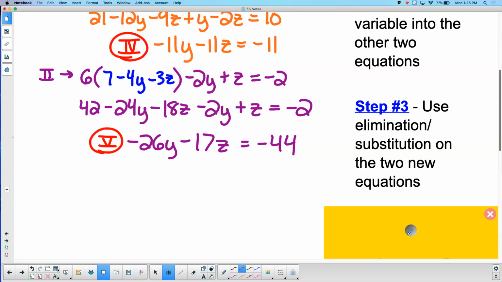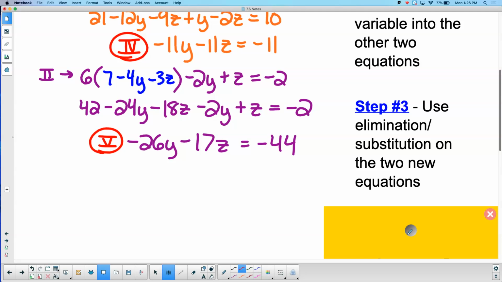My go-to is elimination, right? But if I'm looking at eliminating the y's, 11 and 26 don't have any common factors. Look at z's, 11 and 17 don't have any common factors. So we could do substitution, or we could still do elimination, but it's just going to have bigger numbers.